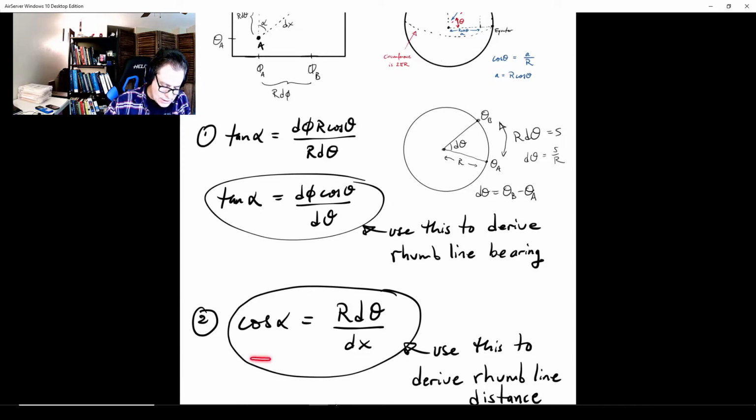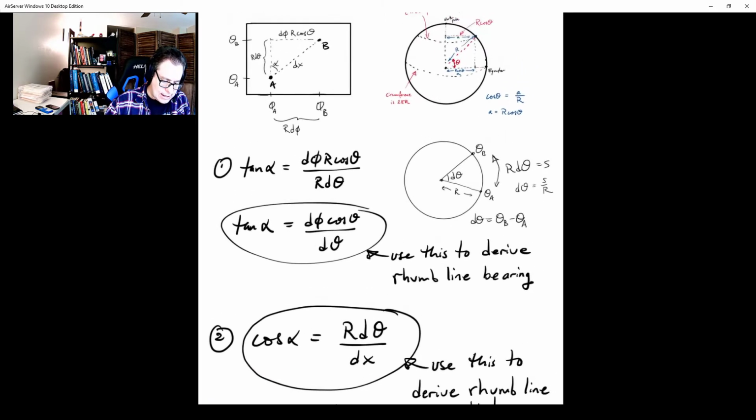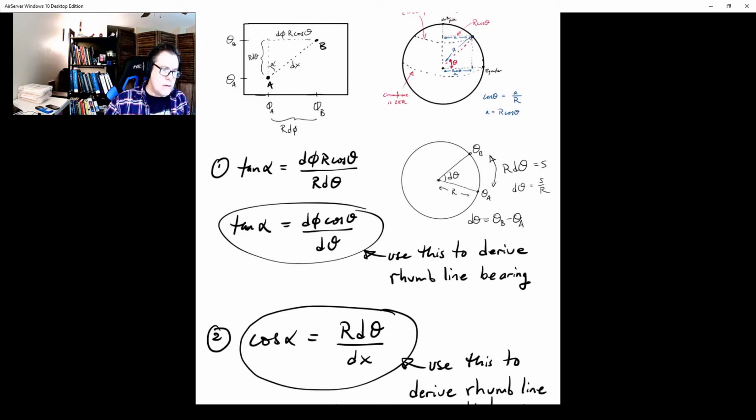Let me show you where this comes from. I think I can have this all on the screen at the same time. When we talk about the cosine of alpha, that's the adjacent side over the hypotenuse. So the hypotenuse I've labeled dx.